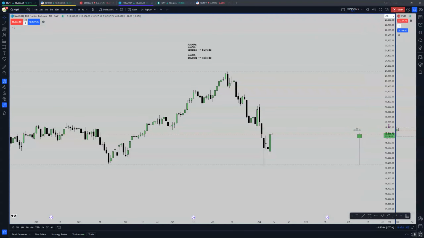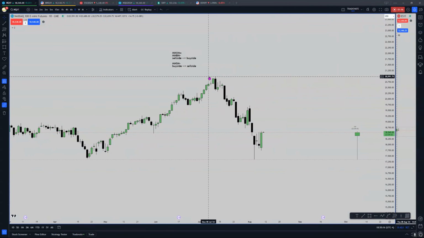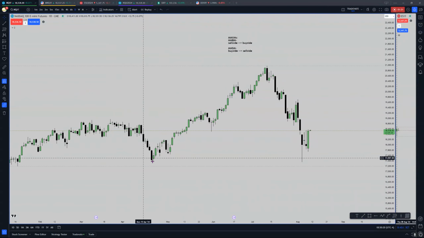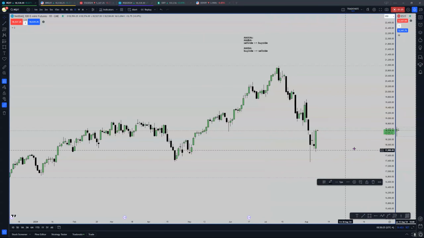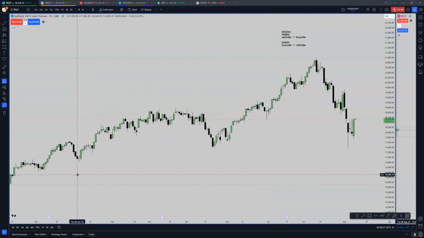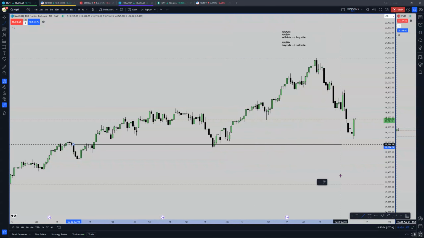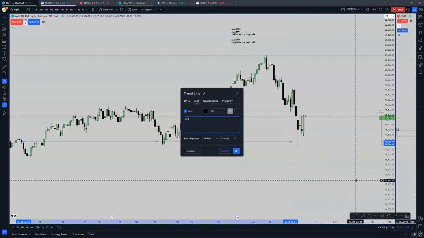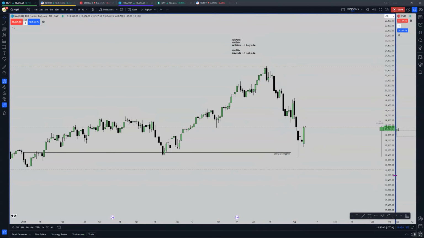Since we had a pretty bearish July, I'm going to go over the daily market maker model because it's very clear. If we go back to January 2nd and mark out our opening price, so here's our yearly opening price.